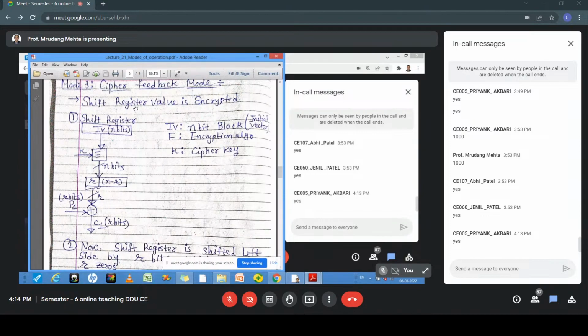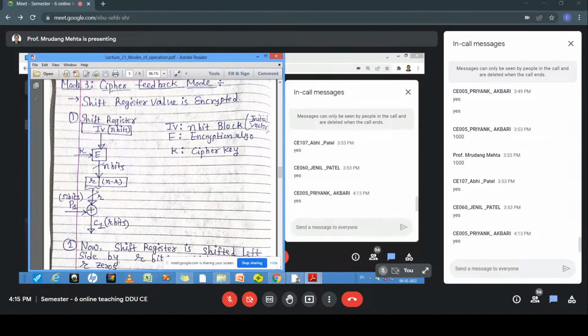We take some initial vector of size n bits. Remember, this mode is applied when we have plain text of size r bits and r is less than or equal to n. Suppose our block size is n bits, but our plain text is r bits, with r less than n. Then we can go for this mode.